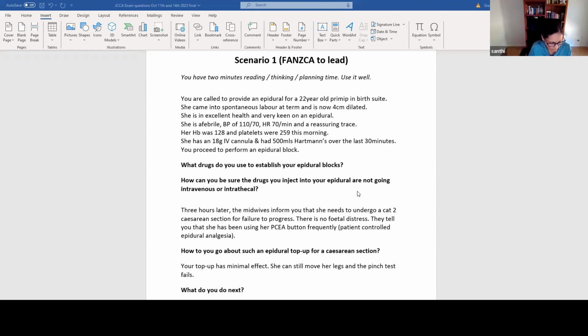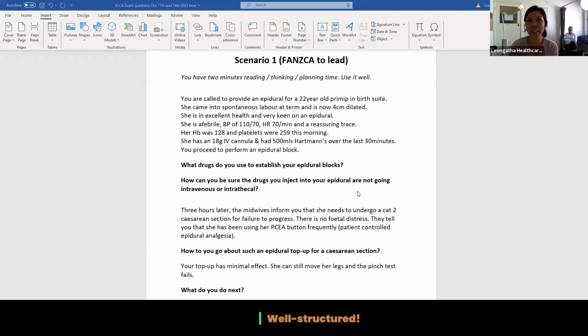How can you be sure the drugs you inject into your epidural are not going intravenous or intrathecal? Yep, so partly it's my loss of resistance technique to saline. If it was quite an easy loss of resistance, and then secondly, it is a little bit trickier with saline to know that it's not intrathecal, but I have had one instance where there was clearly a really rapid gush of fluid coming back.